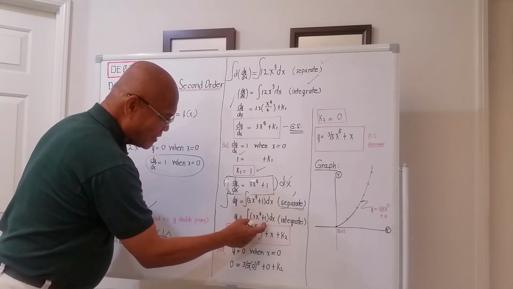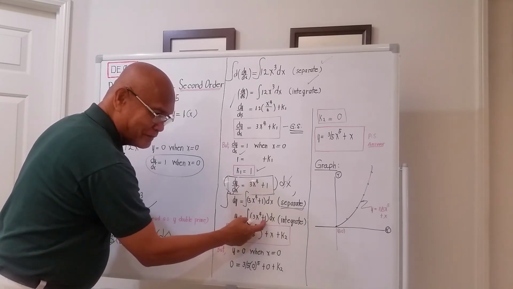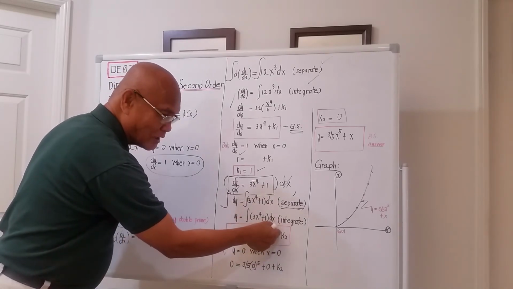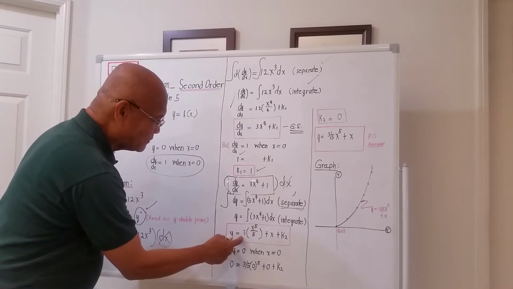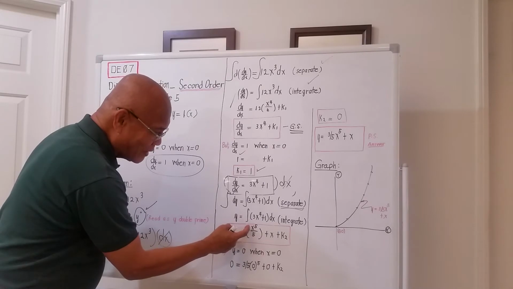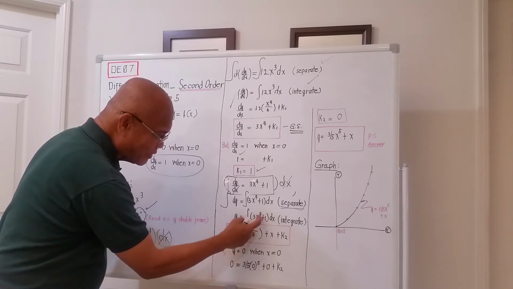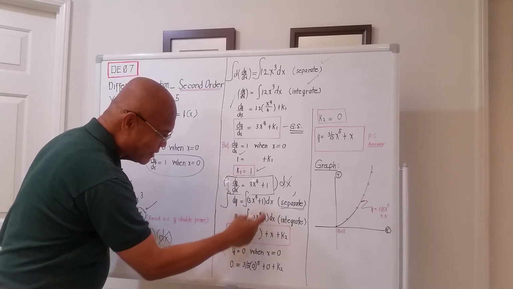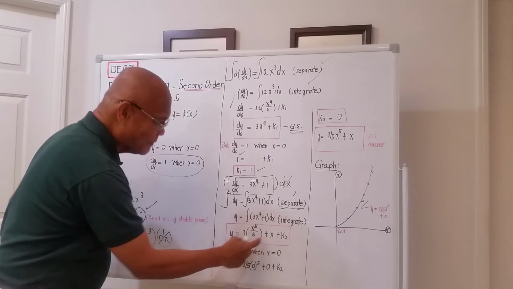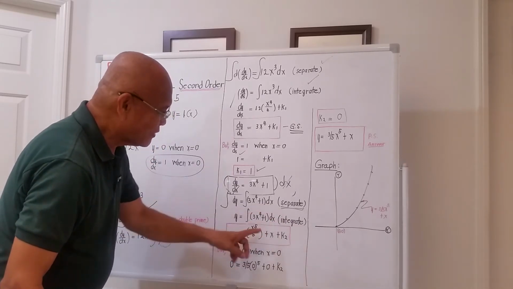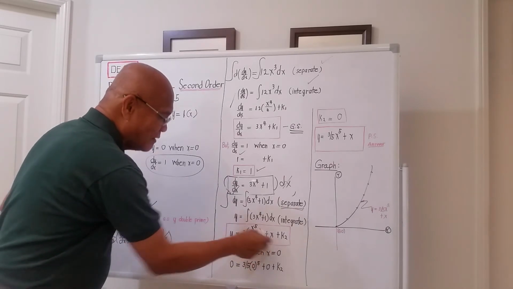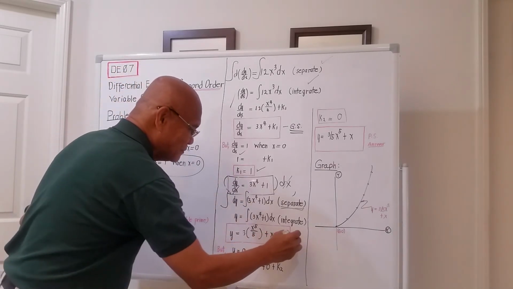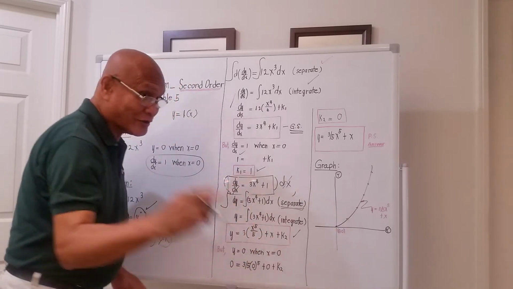The second one is actually a pure constant times differential x. So the first one will be 3, then this will become x to the 5 over 5, which is a power formula: 4 plus 1 is 5, over 5, plus the integral of 1 times dx. The integral of dx will simply be x plus k2. There should be a constant of integration.